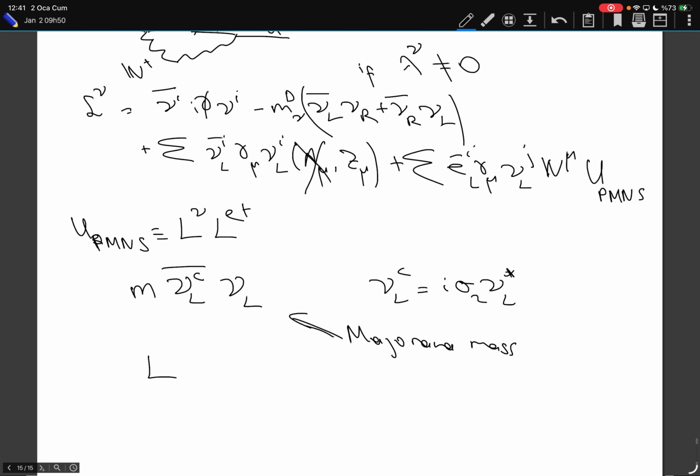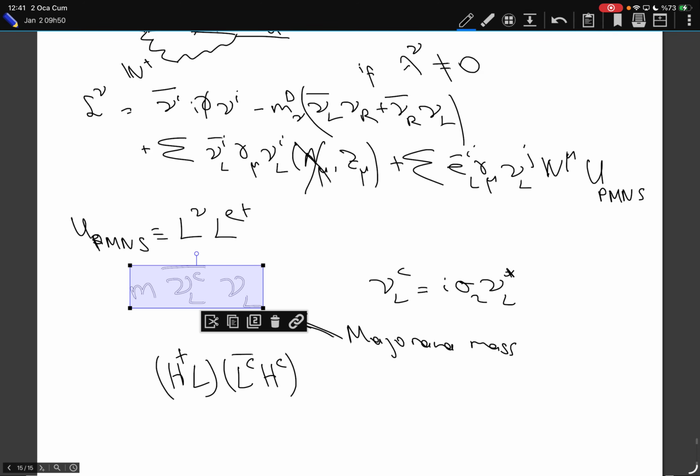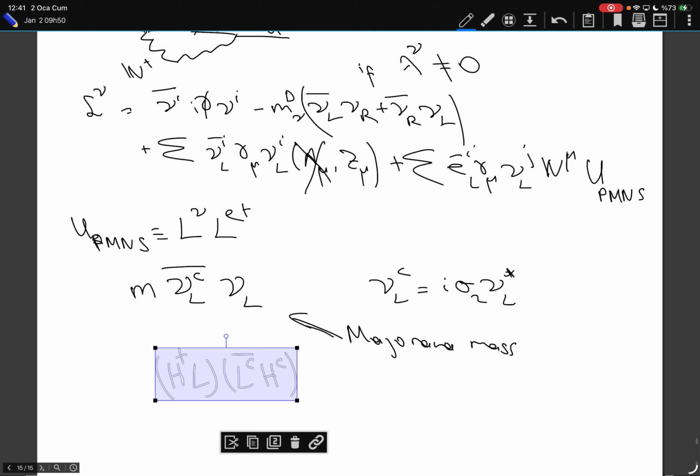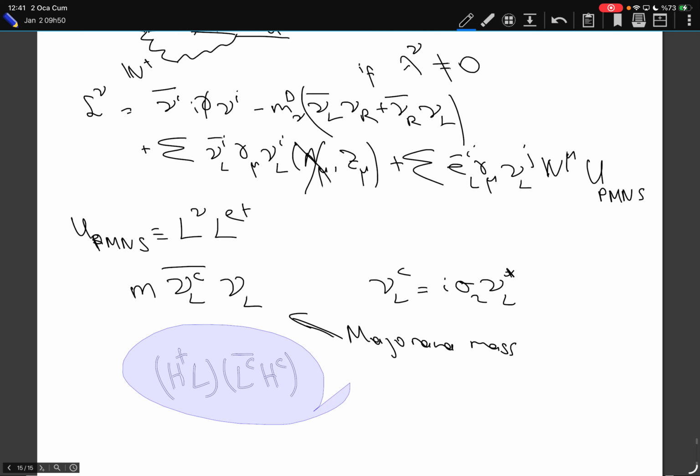From this lepton doublet, I have to extract the upper component, or let me write it this way, H dagger L, this will give me the neutrino, multiplied with L^c H^c. I can get such a term within the standard model only through such an interaction. When the Higgs field acquires a vacuum expectation value, this term becomes this term.